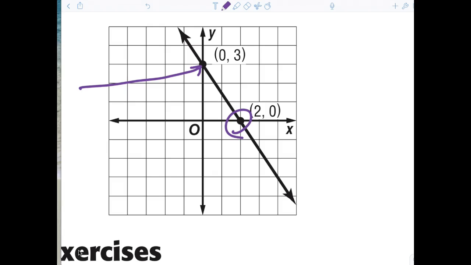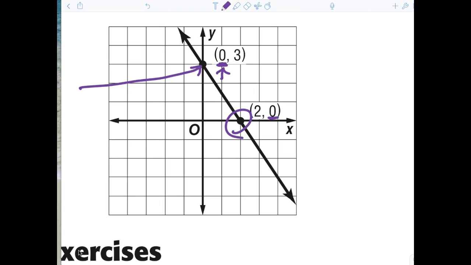Notice on the y-intercept, the x value is what? On the x-intercept, the y value is what?